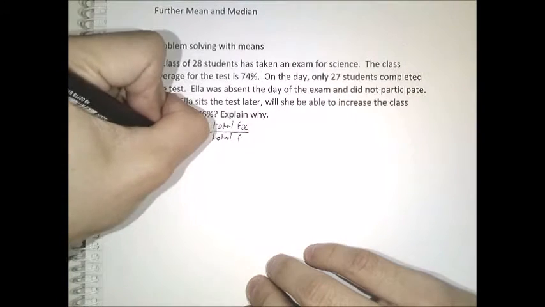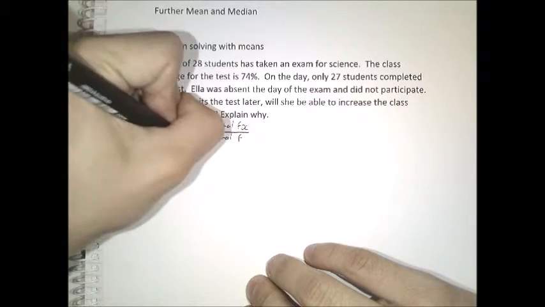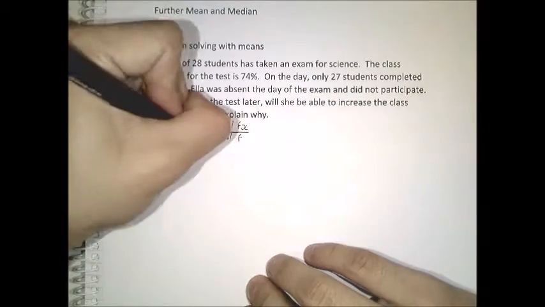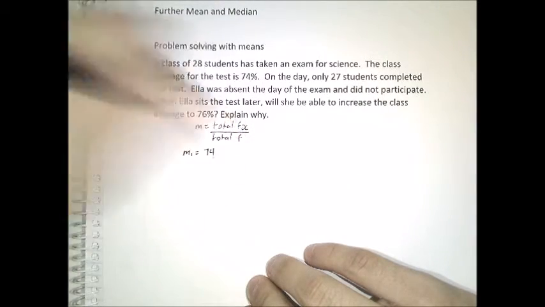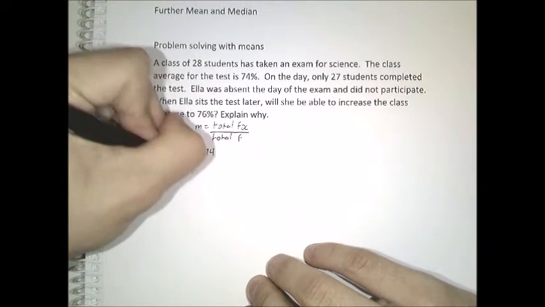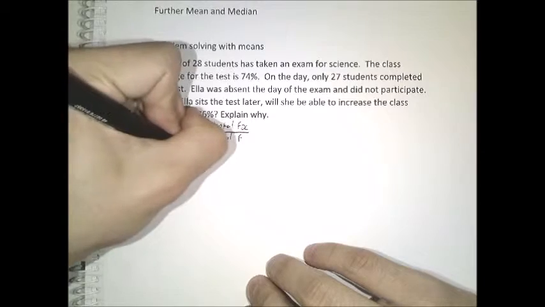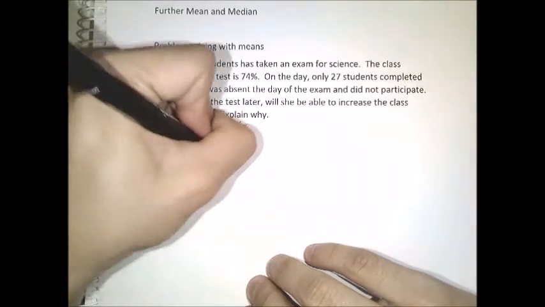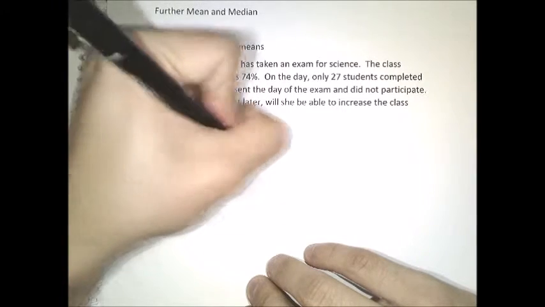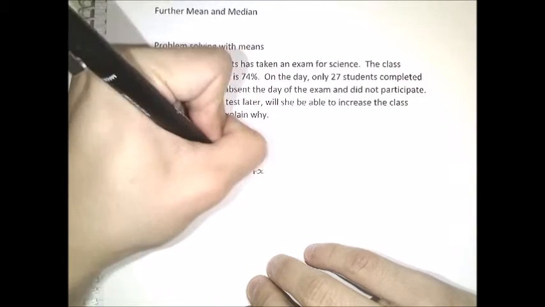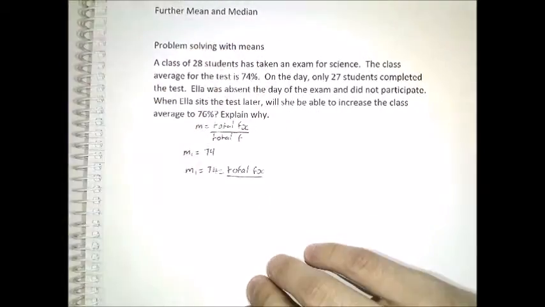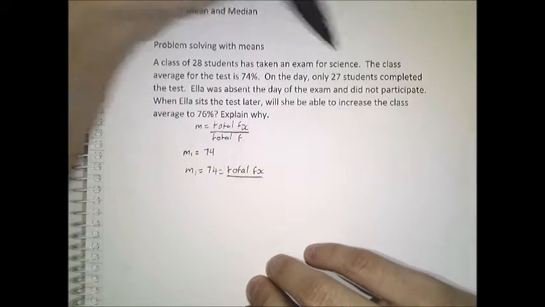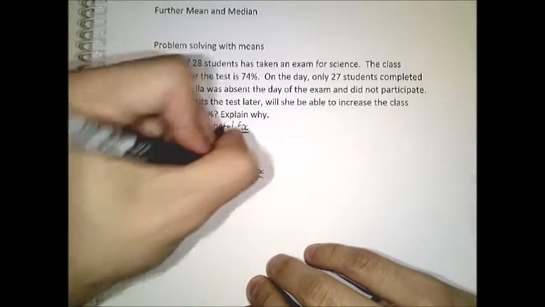We know that if I call M1 our starting average of 74%, we know that M1 is equal to 74, which is equal to the total fx over our frequency, and our frequency is based on the fact that 27 students participated in the test.